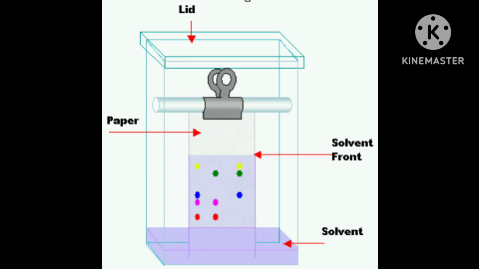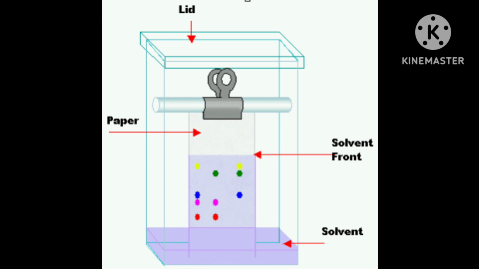A thin layer of about 0.2 millimeter thickness of an adsorbent, which will again be silica gel or alumina, is spread over a glass plate of suitable size, maybe small or big.